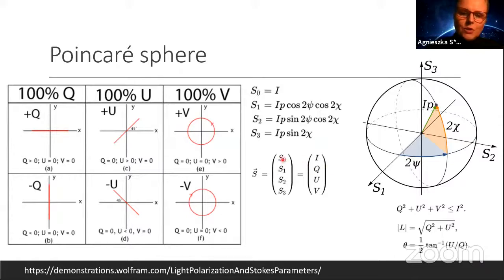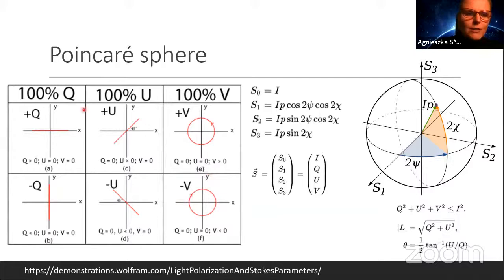And sometimes the Stokes parameters are given as S0, 1, 2, 3, or as IQUV, where I is the total intensity, Q and U describe the linear polarization, and V describes the circular polarization together with its sign, if it's right-handed or left-handed, so if it's a plus or minus value.